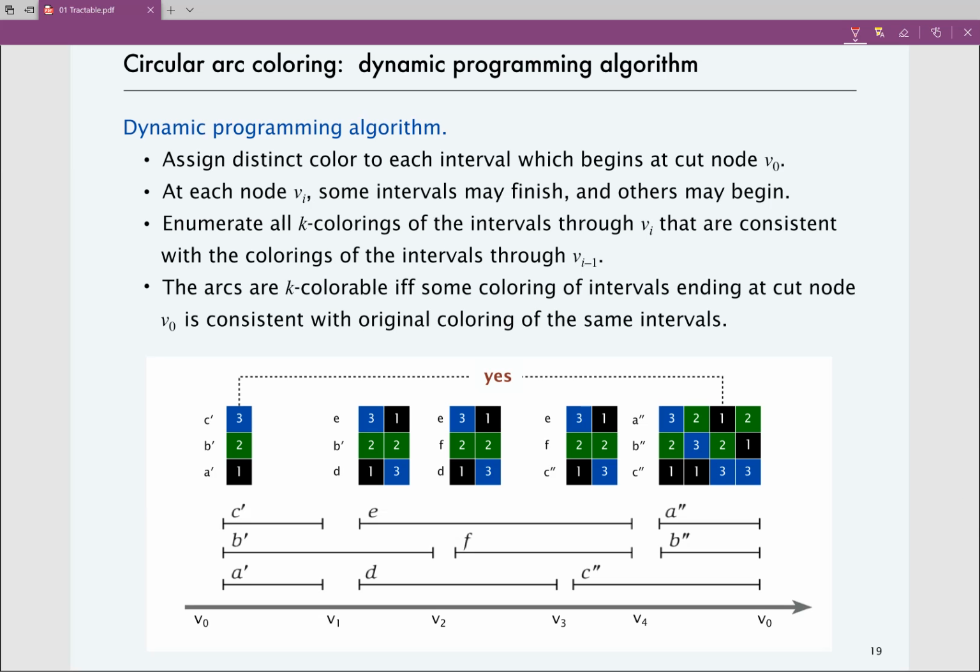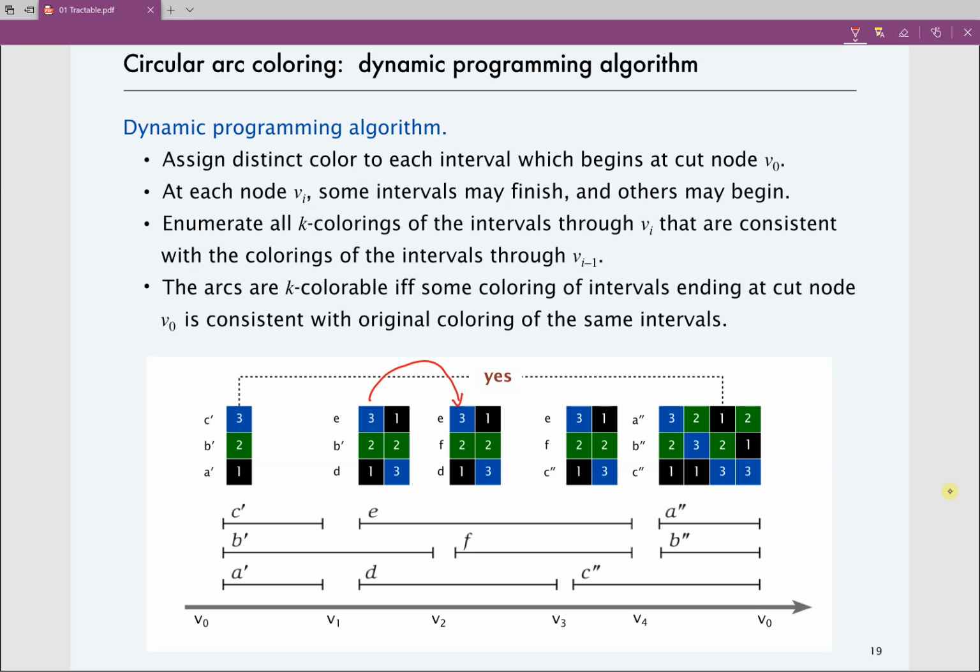So if at V1 we use the coloring 1, 2, 3 over here, then once we get to V2 we still have to color D using 1, and E using 3, and that means the only color for F is going to be 2. So if we start with this coloring, we have to produce this coloring.